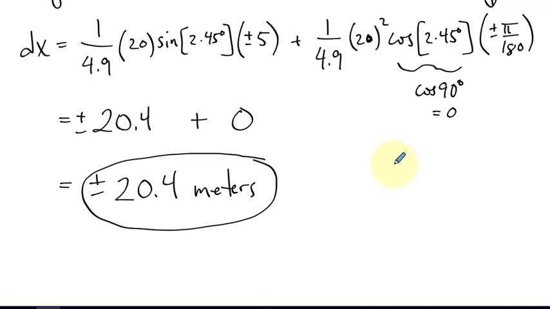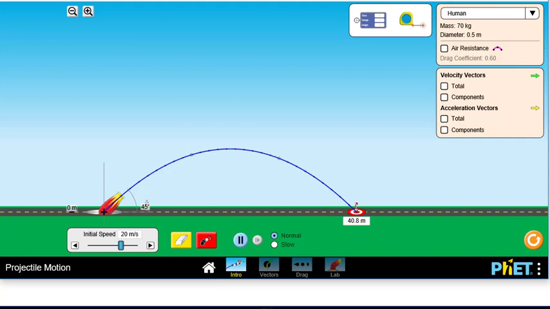But maybe we can take the result that we have so far and just look at that in our simulation. So at 45 degrees, it goes 40.8. Now, if we change the velocity to 25 meters per second, it's going to go about 20 meters further. Let's see if that happens. So, yep, he's a little bit further out there.